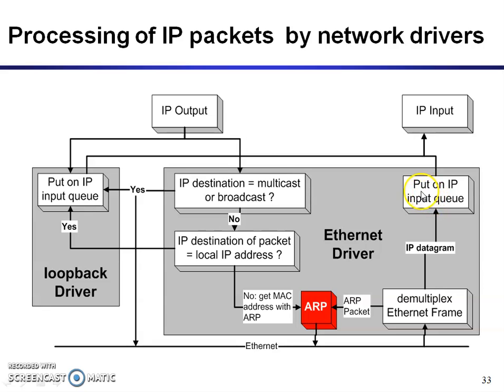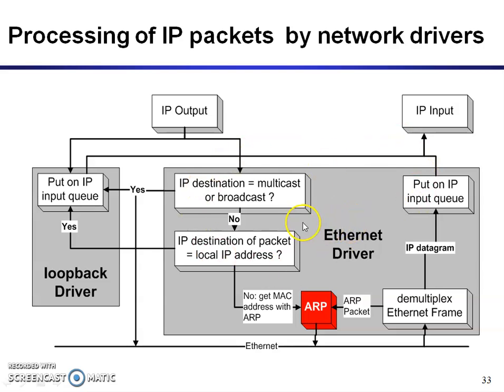Now the IP input queue checks whether it is a multicast or a local IP address. In case it is a local IP address, then ARP comes into the picture, because the node or host is on the same network. If not, then it's a multicast or broadcast scenario.